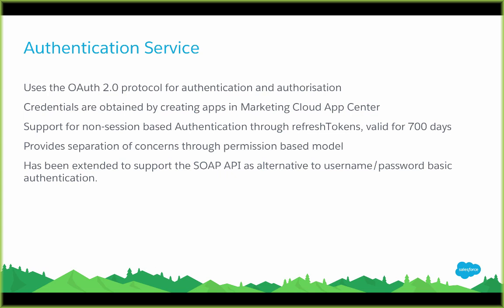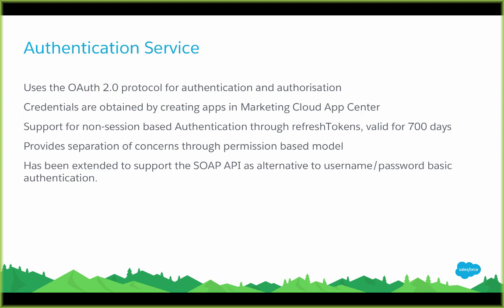The authentication service really provides separation of concerns through a permission-based model. And by that, I mean, when you go and create these apps, as we'll see shortly, you can define permissions to what features in Marketing Cloud you can access.